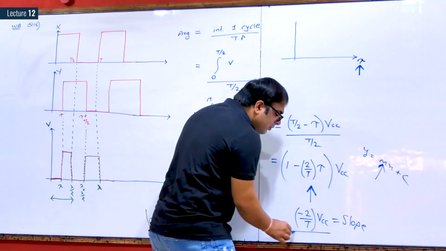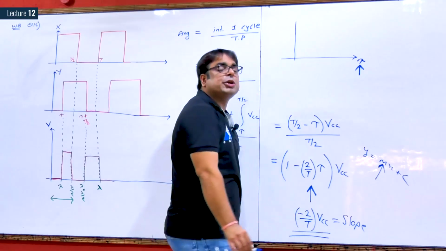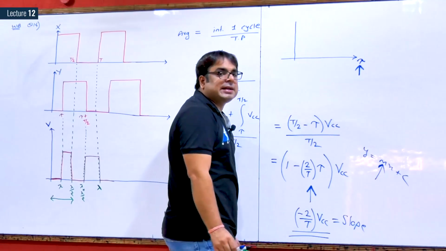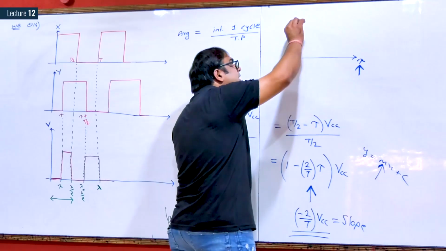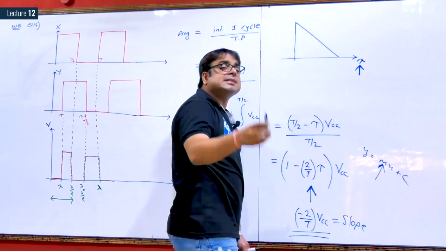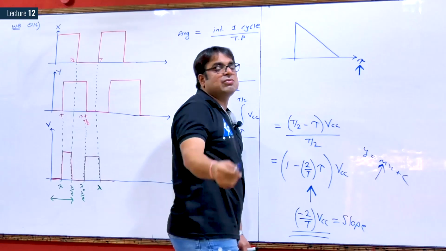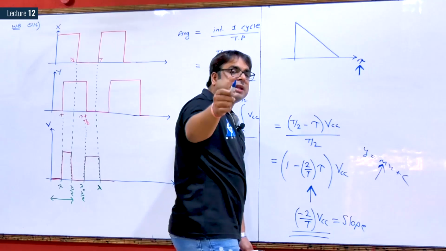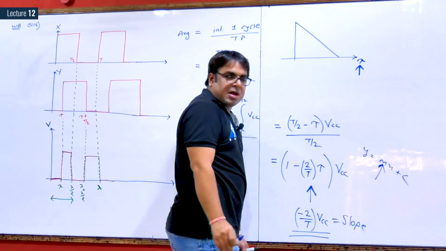And clearly the slope should be negative. So only one option is correct, the one having a negative slope. That is the only correct answer.